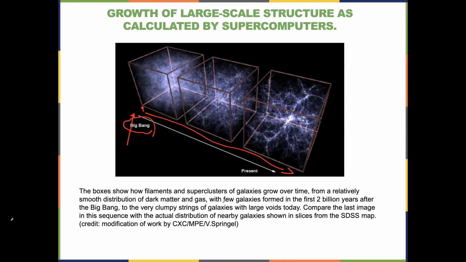With few galaxies formed in the first 2 billion years. So for the first 2 billion years, only a few galaxies formed after the Big Bang, and then it grew into the very clumpy strings of galaxies that we see today. That is this structure right here. What is interesting is that this is the simulated result, and you can see this structure from the simulation.